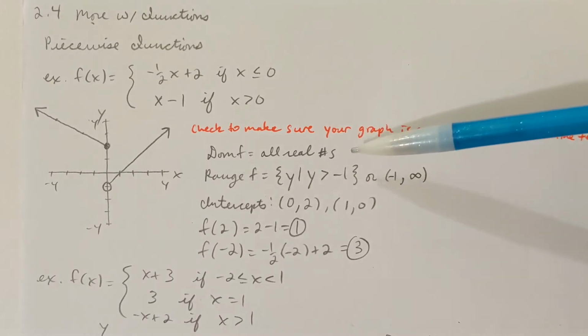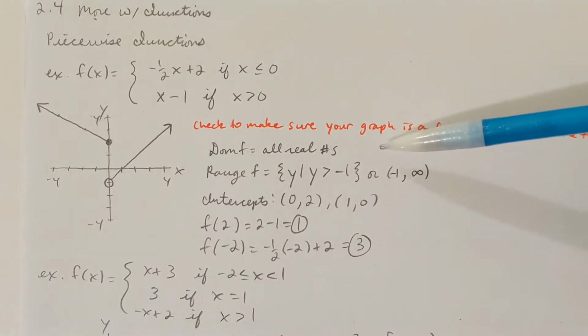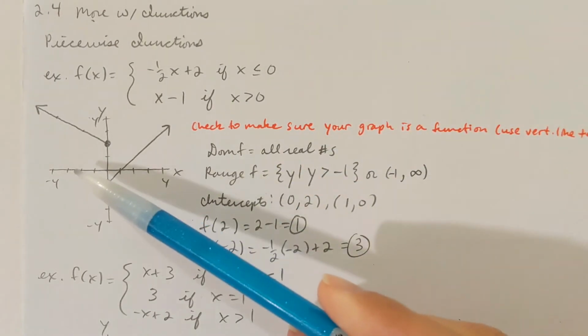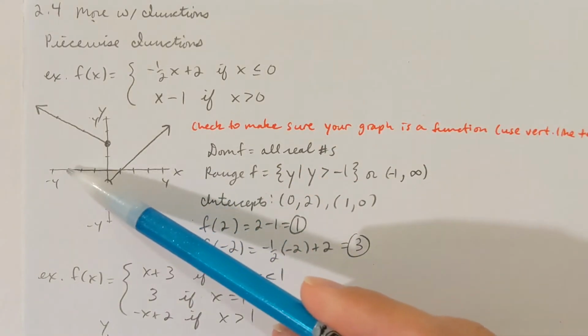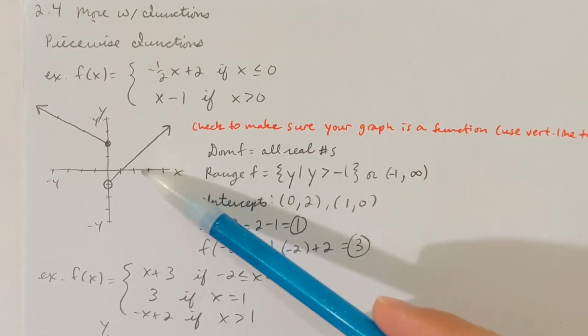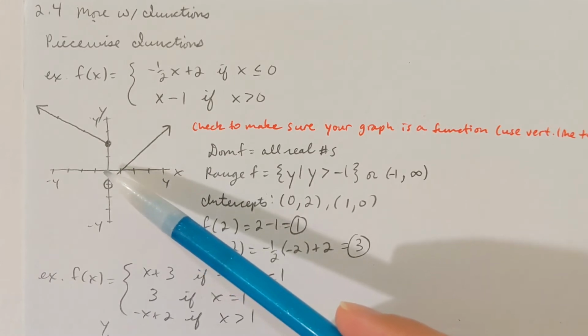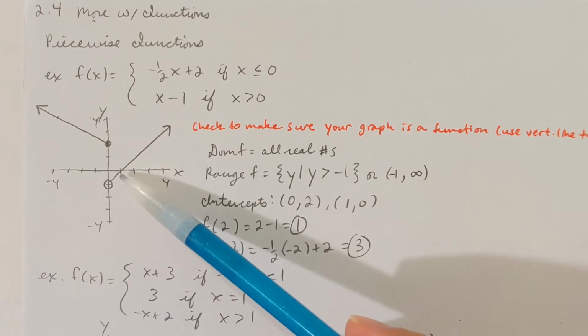Suppose I wanted to know the domain of f and the range of f. Well, the domain is all the x values. So if I am at any value here on the x-axis and I look above or below the value, I need to be on the graph. Okay, so well, that's going to happen anywhere.